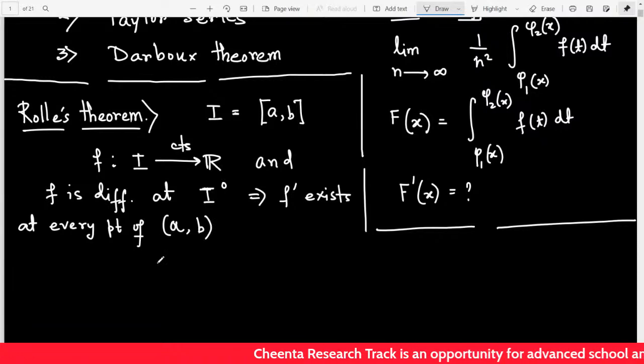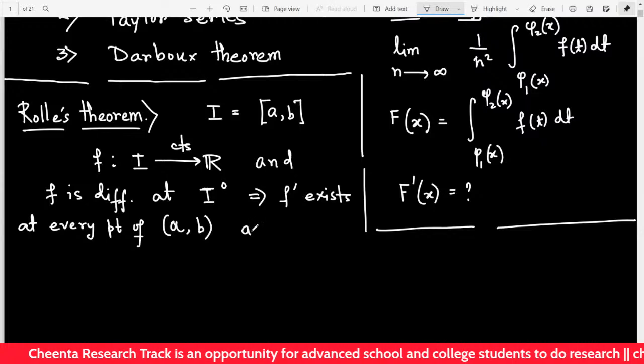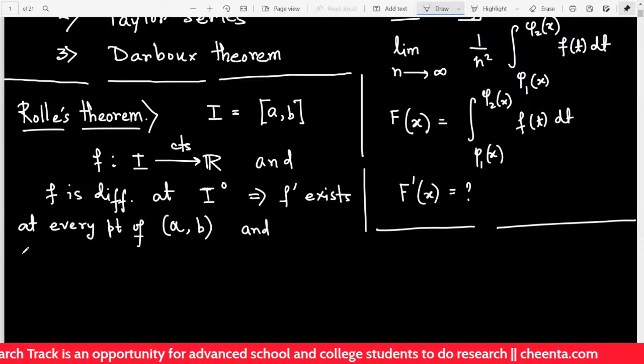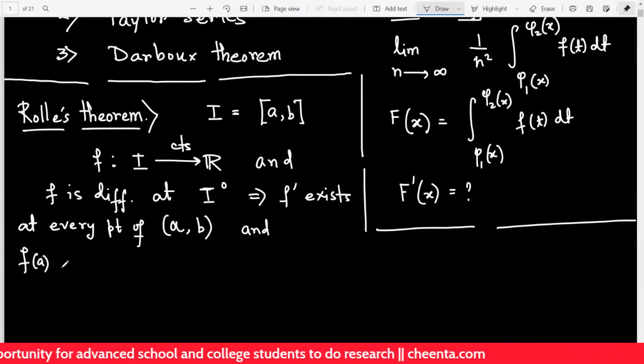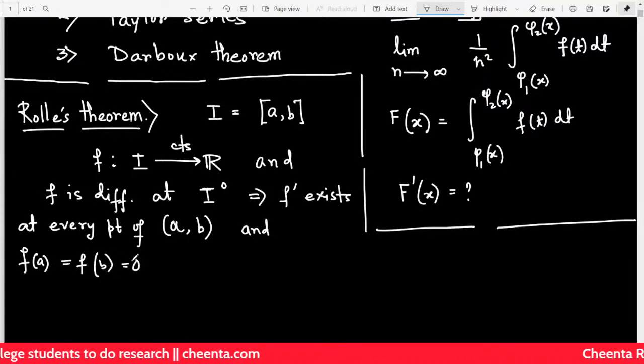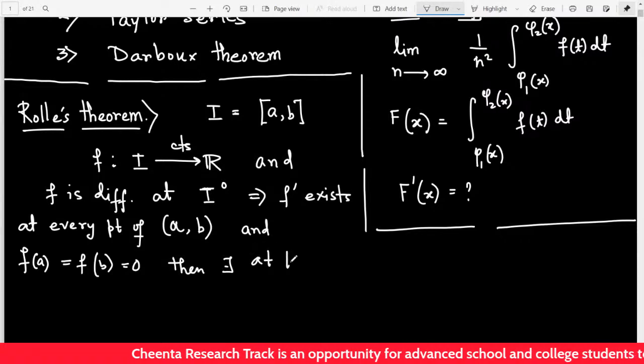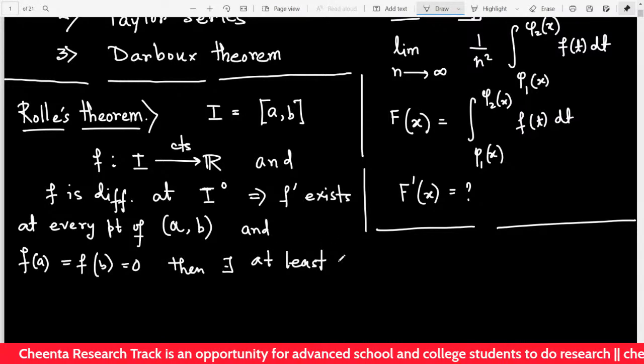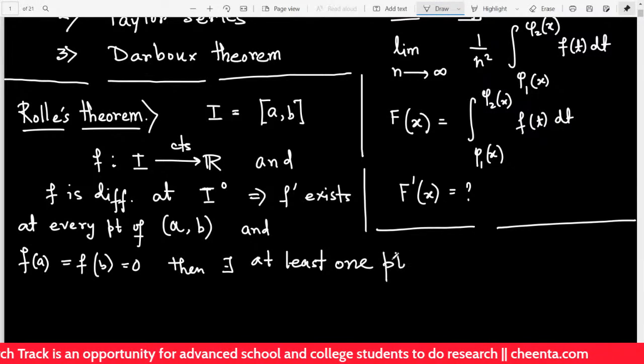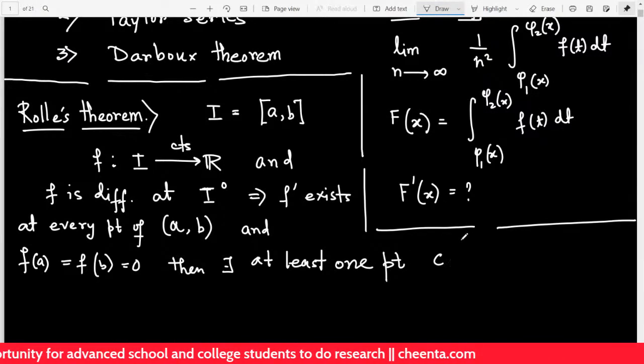Okay, so if this happens and f of a equals f of b equals 0, then there exists at least one point c belonging to (a, b).